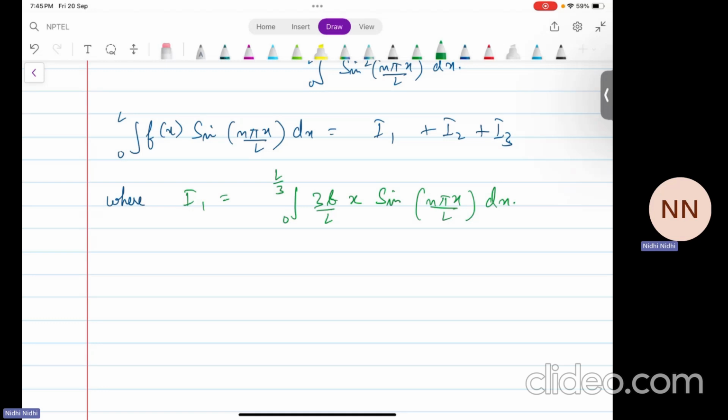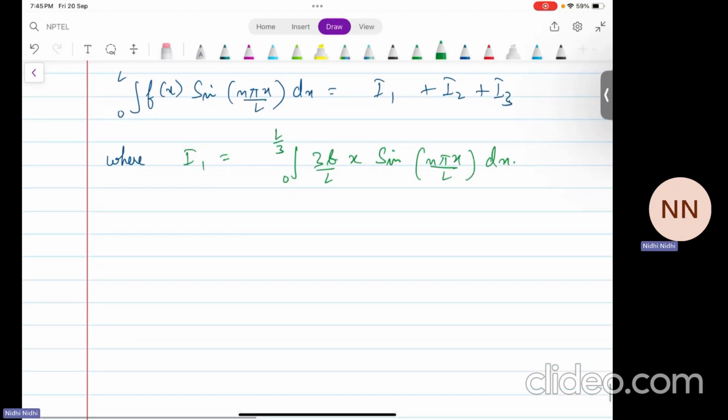Now using integration by parts, you can calculate it. I want you all to please just calculate it yourself, using integration by parts.